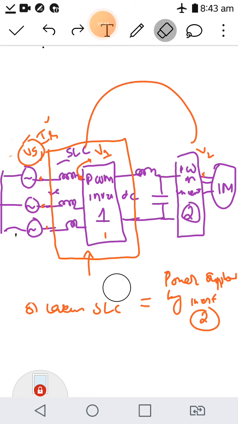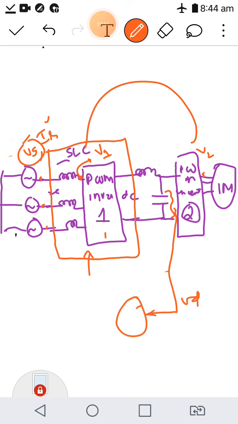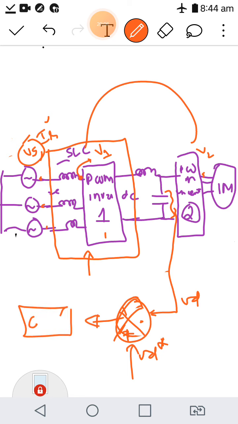So I'll draw this first. For that, you take this DC link voltage Vd, and it is compared with a reference DC voltage VD star. The error voltage is given to a controller.